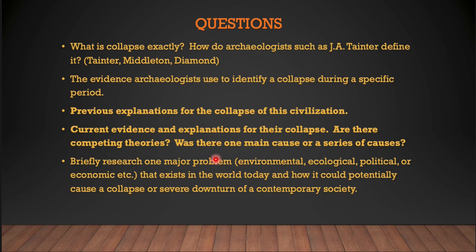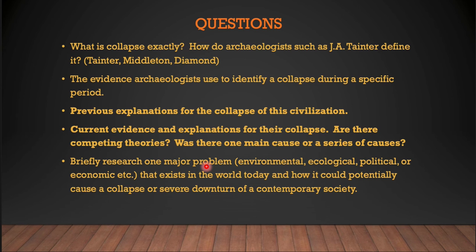So I want you to take one major problem. Since we're going through a major kind of crisis right now, you can use coronavirus as a major problem, or you could choose something else. It's up to you.